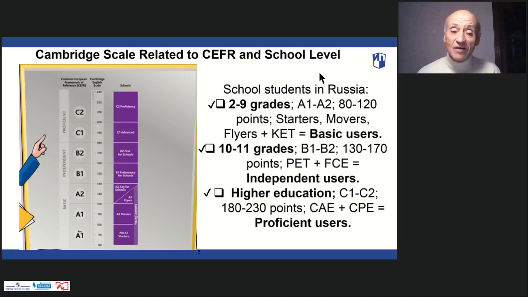And then flyers are the students who sit Cambridge exams for young learners, aged approximately 14, 15 years, and they study at grades 8 to 9, approximately, of course, and there can be some variation in that.